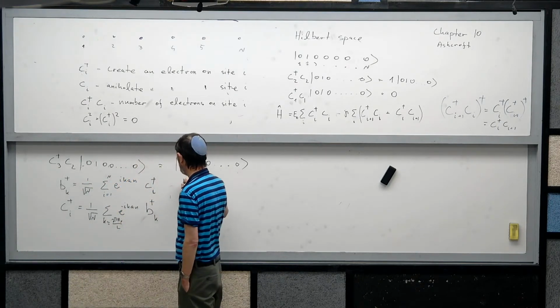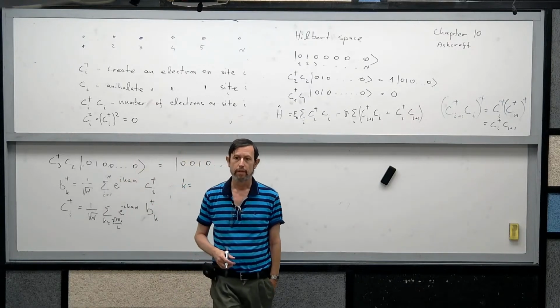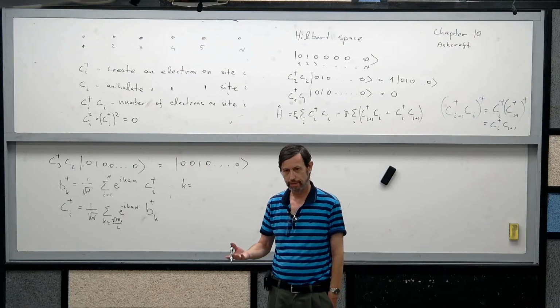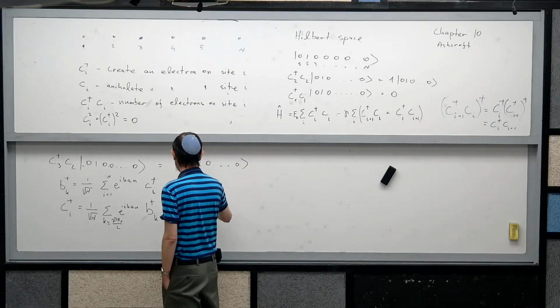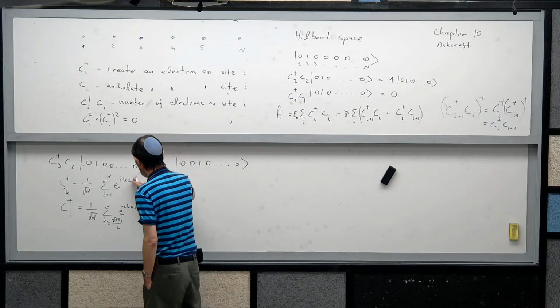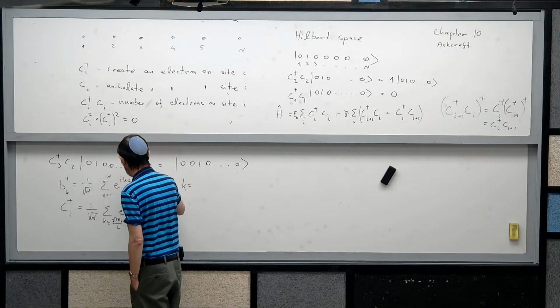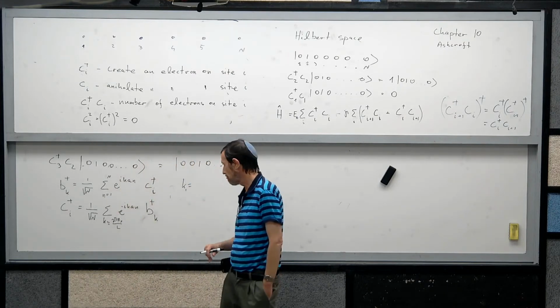Okay, here I should have defined K. K I need from the cyclic boundary condition. Sorry, let me just write here N, not to get confused with the I here.